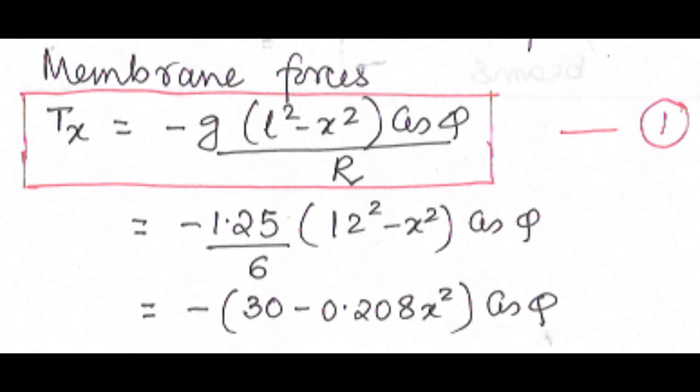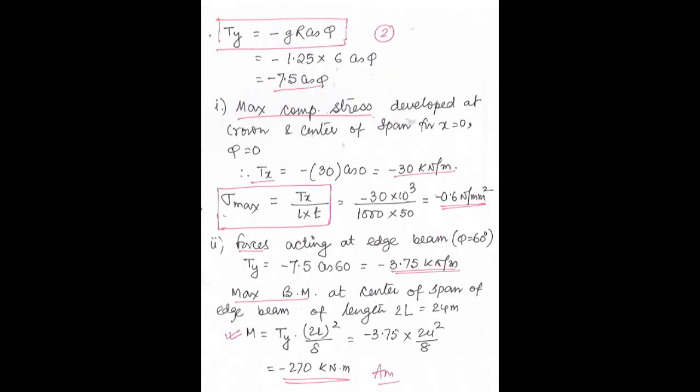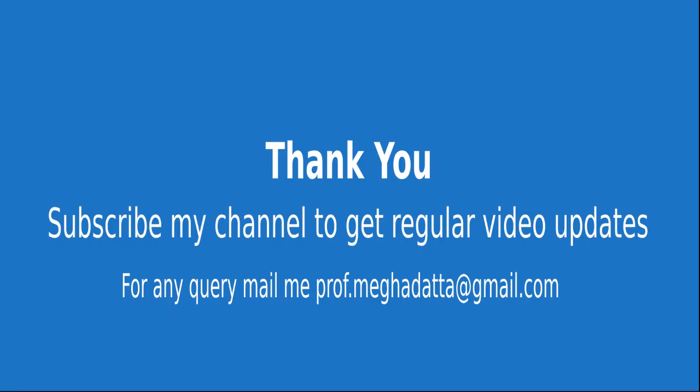So from there you put x equal to 6 and phi equal to 30. That gives the membrane force Tx equal to 19.5. And Ty we have as 7.5 cos phi, so now put phi as 30 degree. This gives the value as 6.5 kilonewton per meter. So the problem can be solved this way.